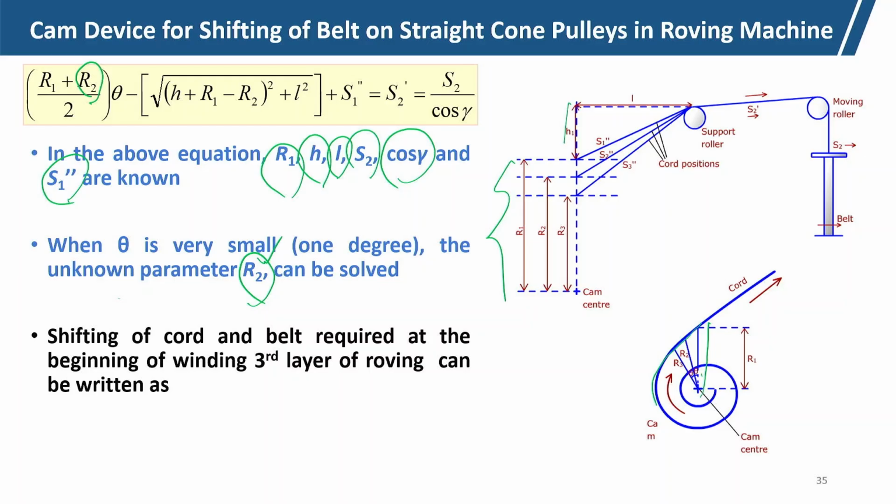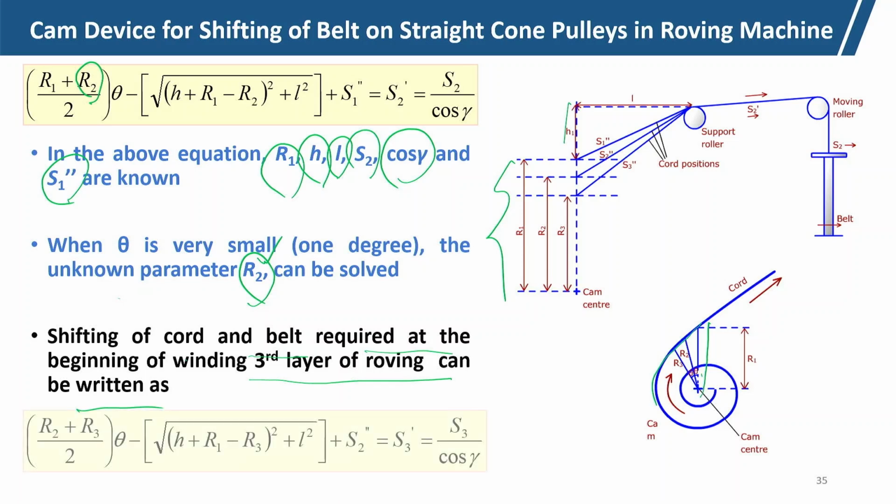So, shifting of cord and belt required at the beginning of winding of the third layer of the roving can be written as this. You can see that R1 and R2 were for the second layer. So, for the third layer, R2 and R3 by 2, and H will be the maximum height, that is starting height.